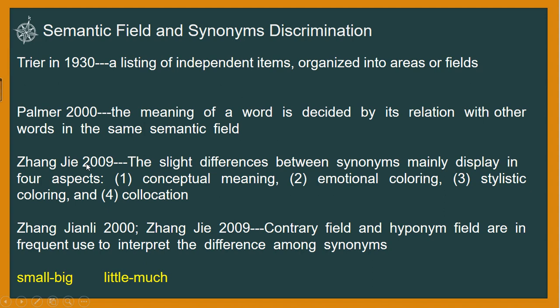And Zhang Jie in 2009 advocates four aspects, including conceptual meaning, emotional coloring, stylistic coloring, and collocation. Zhang Jianli in 2000, he introduced the difference among synonyms, such as small is opposite to big and little is opposite to much.